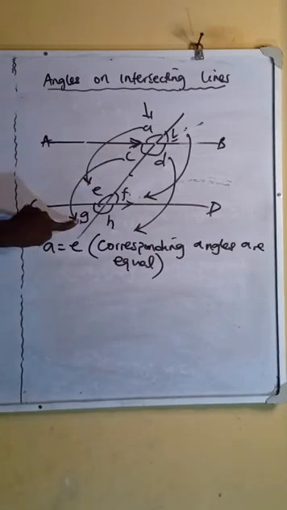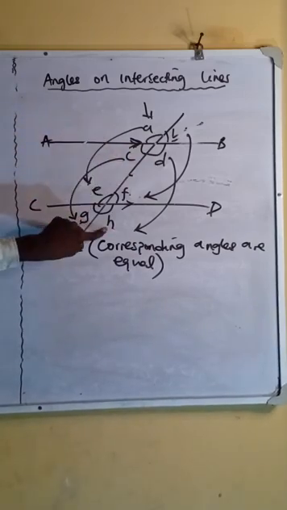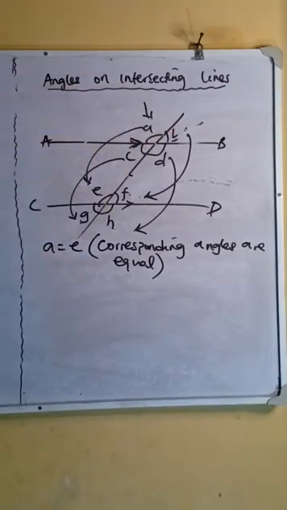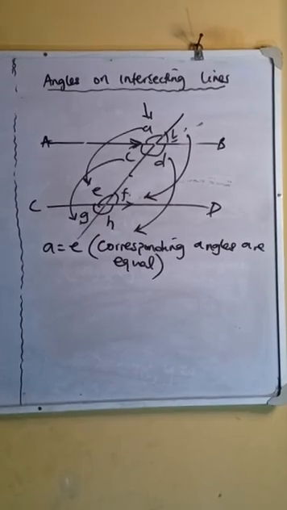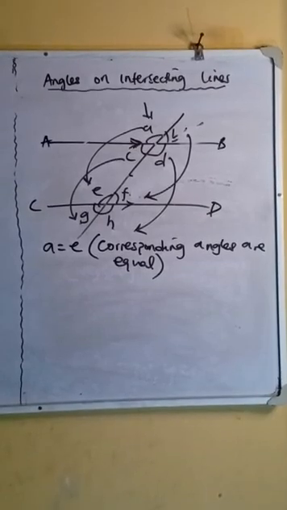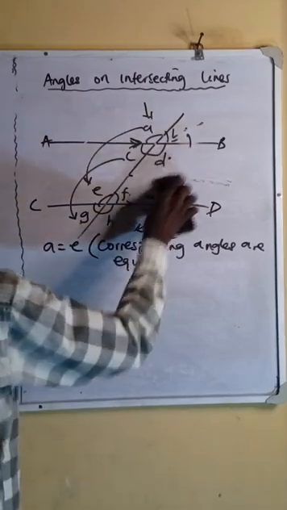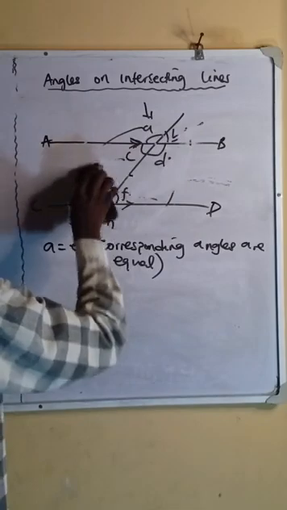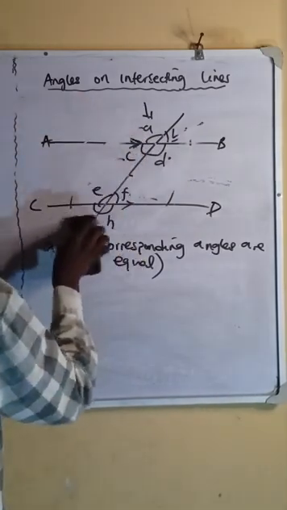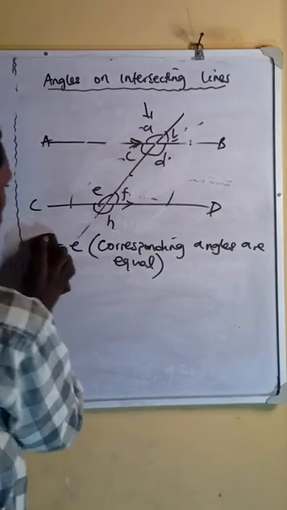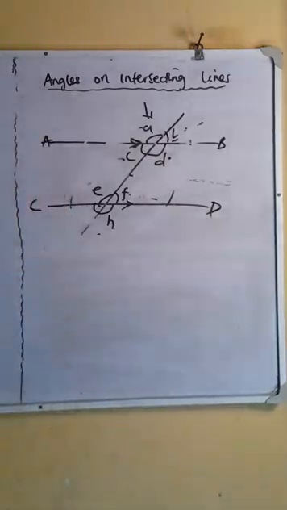C and G are corresponding, D and H are corresponding, B and F are corresponding. So we say corresponding angles are equal. Then you have taken down this, so we'll go to the next one.